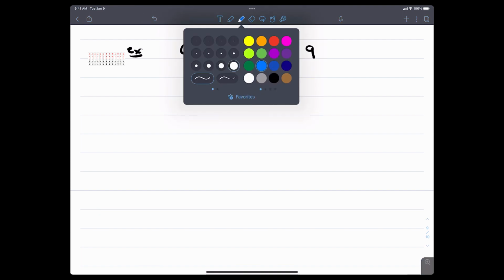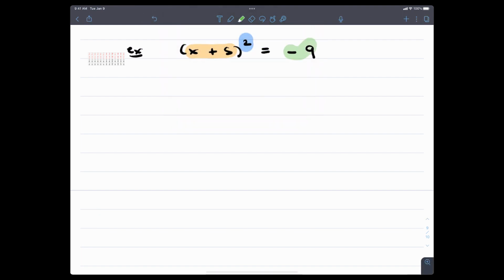Now that's going to equal -9. Remember what I'm going to say here: I'm always going to use the square root formula. And what does that mean? X plus 5 is plus or minus the square root of -9.